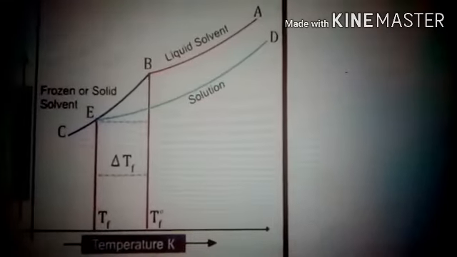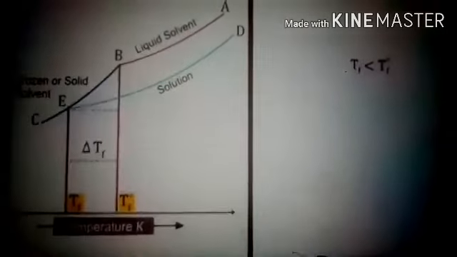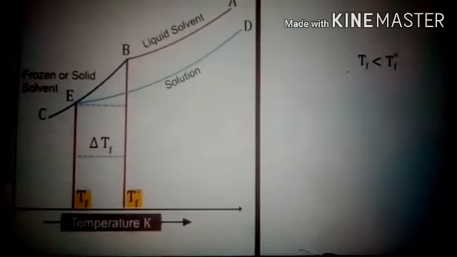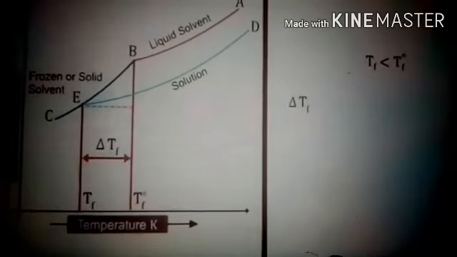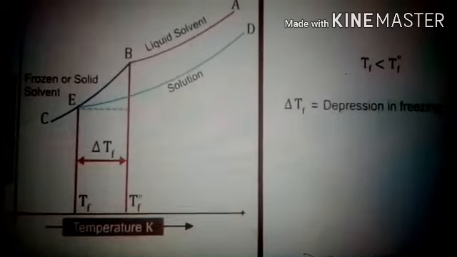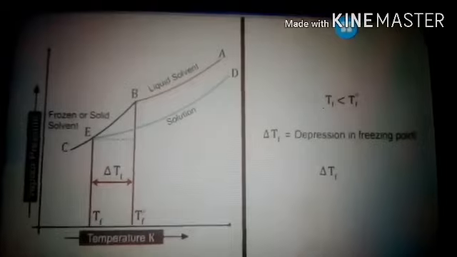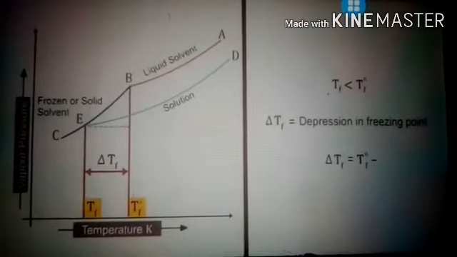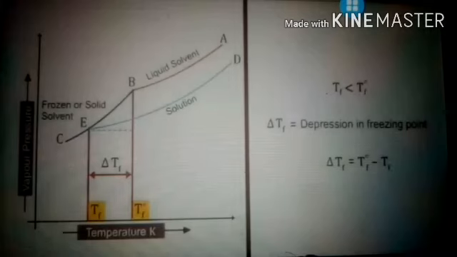As we know, the freezing point decreases when a non-volatile solute is added to the solvent. So Tf is less than Tf naught. Depression in freezing point, or the difference between the freezing points of the solution and pure solvent, is delta Tf, which is the difference between Tf naught and Tf.